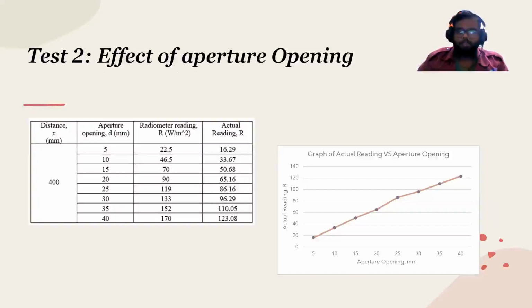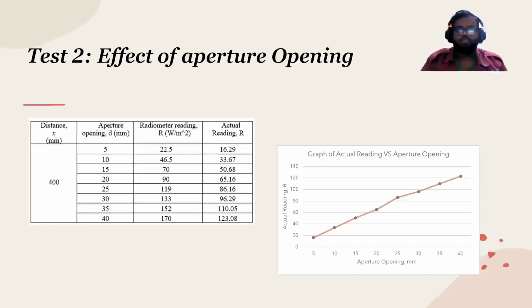For this test, the distance was fixed at 400 millimeter. The aperture opening starts from 5 mm and increases by 5 mm each time. The radiometer reading is again taken and multiplied with the correction factor to get the actual reading.